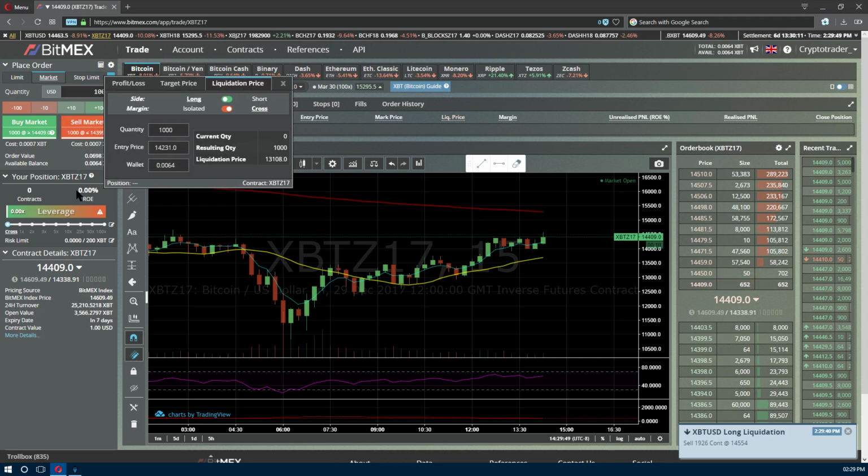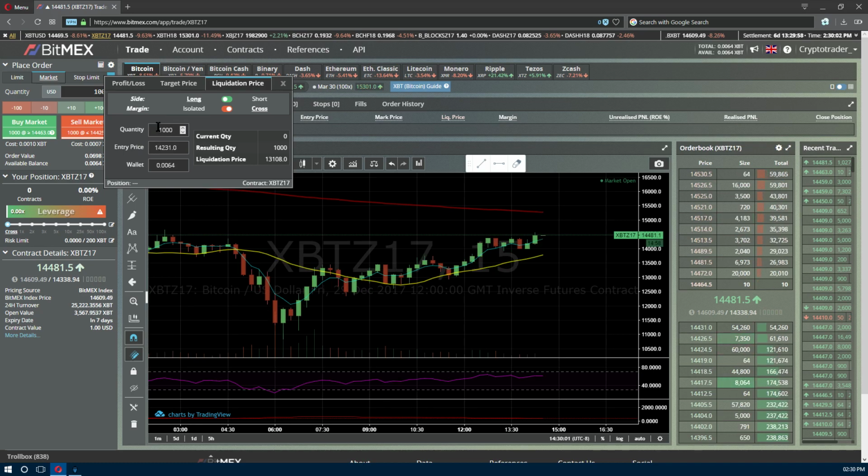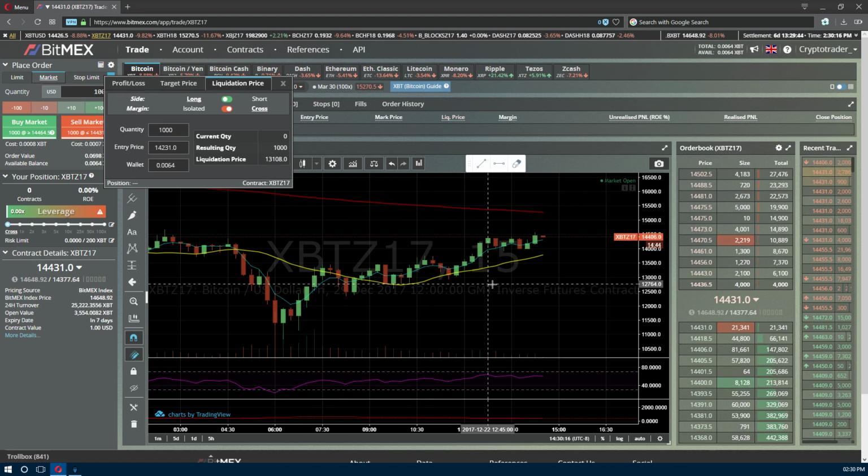Right here, you can pull a calculator out, and instead of setting it to isolated, which gives you 10 times leverage, you can set it to cross. I put $90 in. The transaction fee took $10 away. I sent 100, took 10 away, and now I got 90, so I actually can use 1,000. That's a little bit higher than my liquidation price at 13.